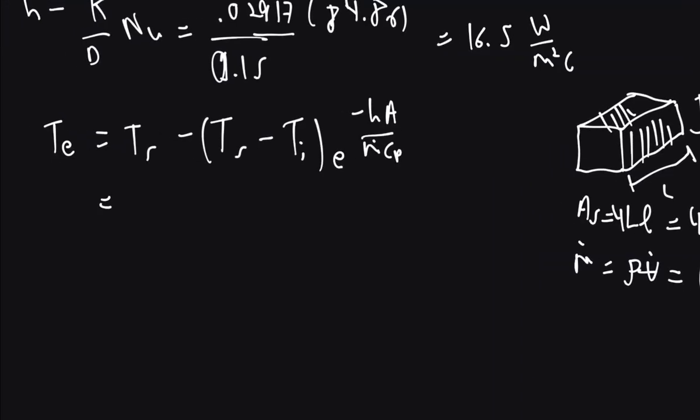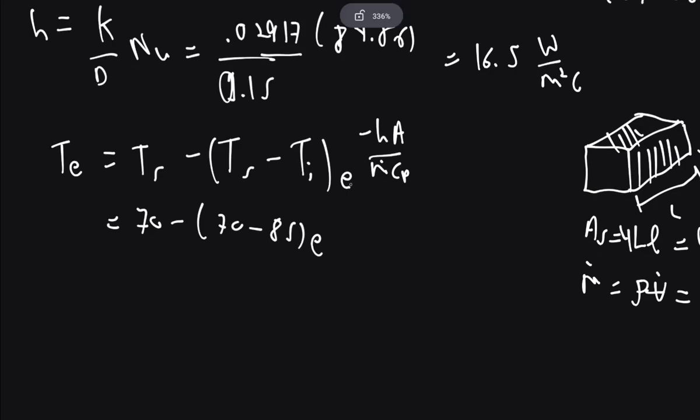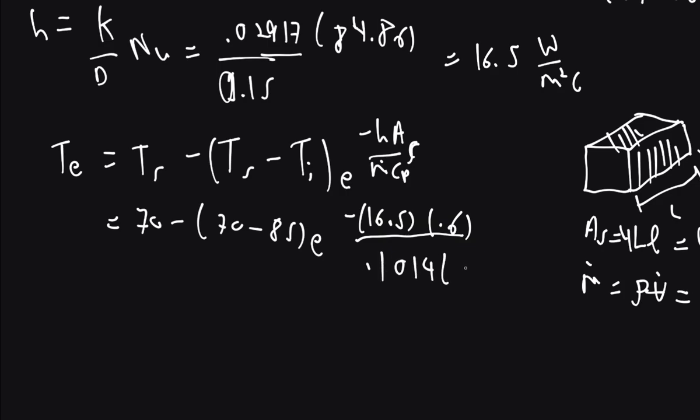Now we have everything we can plug into this equation. Surface temperature 70, minus 70 minus 85, exponential negative h, 16.5 times As, which is 6, over 0.1014 times Cp.